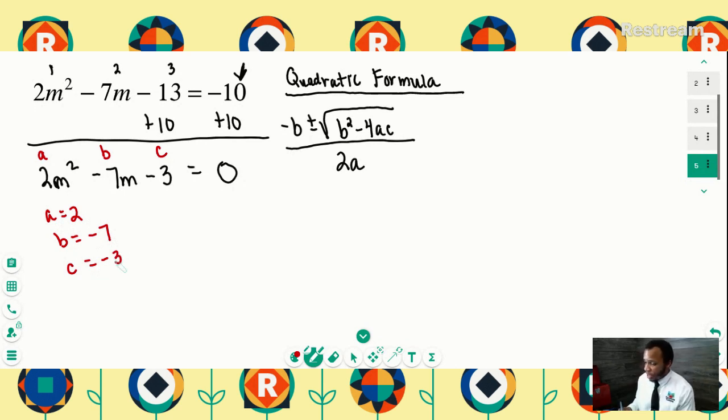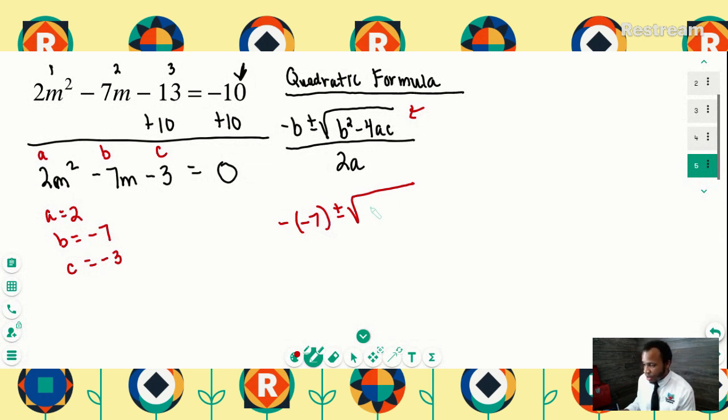So now from here, we'll take these values and plug them into the quadratic formula over here. In the beginning, we have -b. Now, -b right here is telling us whatever value we have for b, we want to change it to the opposite. The value we have for b is -7, so we have the negative of -7, plus or minus the square root.